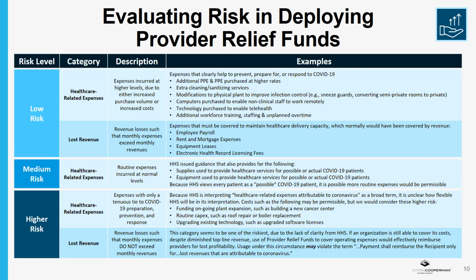And the real strong argument for why that's been the case is because of coronavirus and to prepare, prevent, and respond to coronavirus. We think there's a pretty good argument that you should be able to look at those items and allocate the provider relief funds there as well.